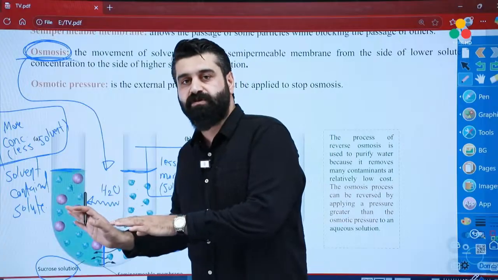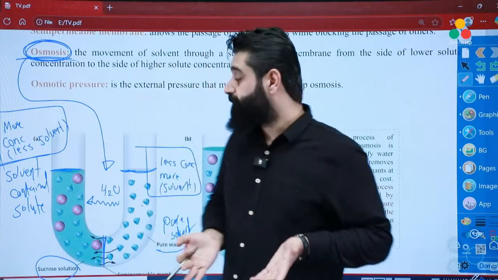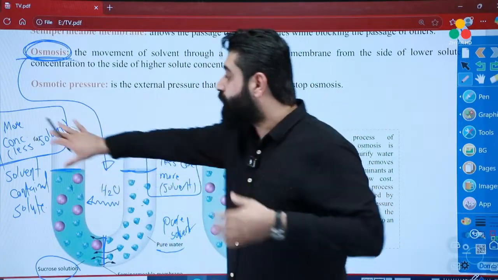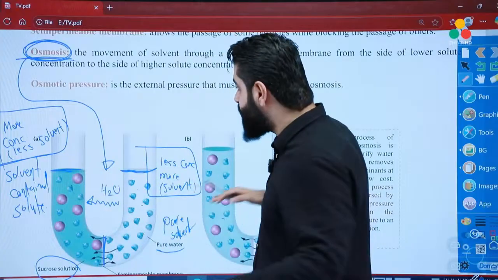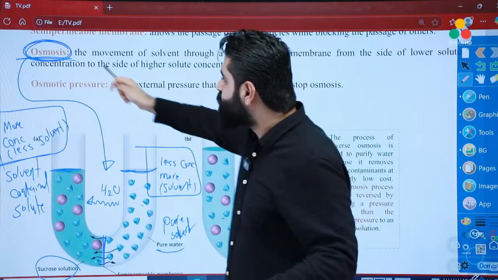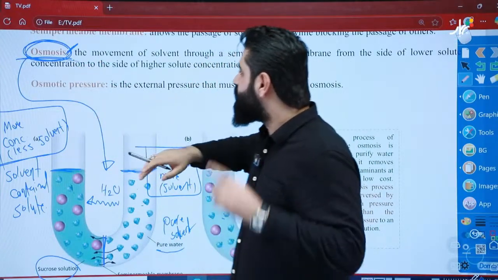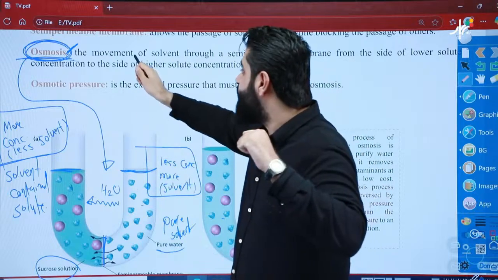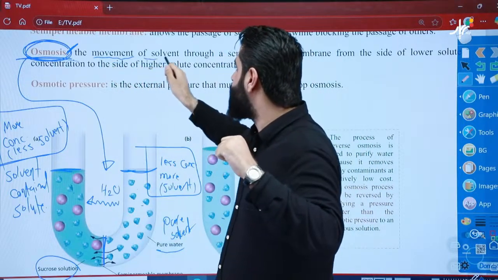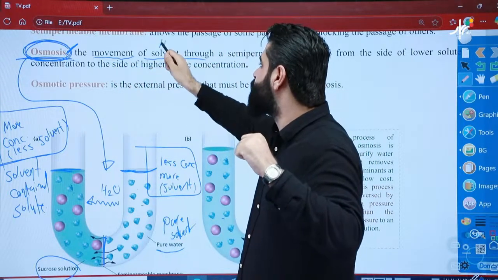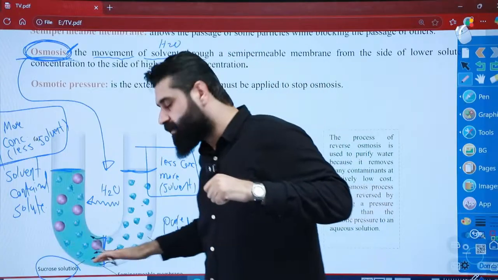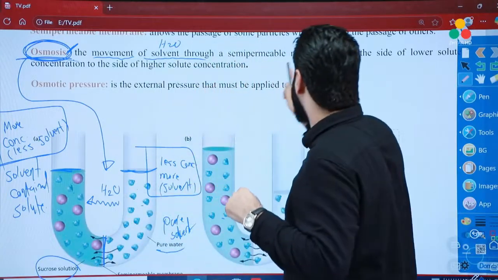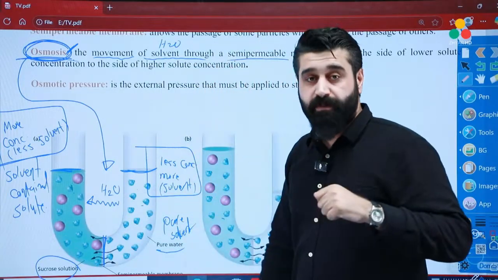On the other side, the same solvent containing solid, such as sugar, more concentrated. Then it's time for the osmosis process. So what is osmosis? Osmosis is a process of movement. Movement of what? Of solvent particles like H2O, through the semi-permeable membrane.